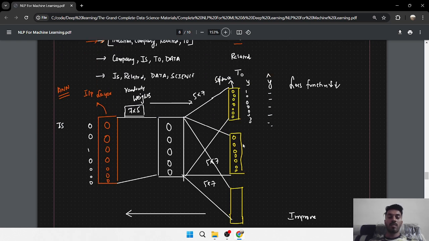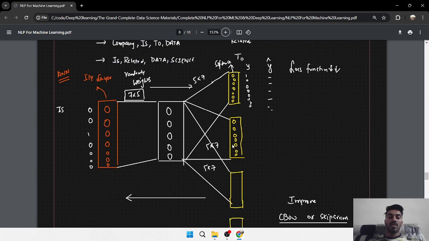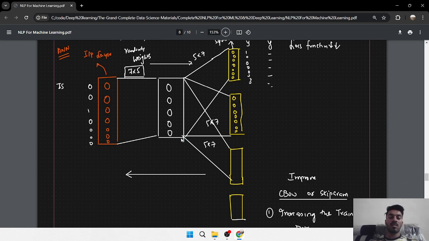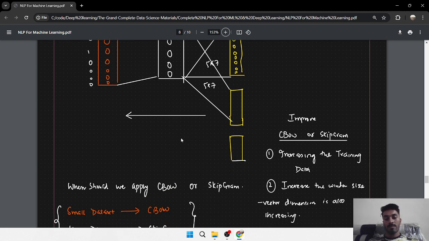We apply a softmax activation function, and in between we can apply ReLU and many more functions. This depends on you, and this is a hyperparameter.